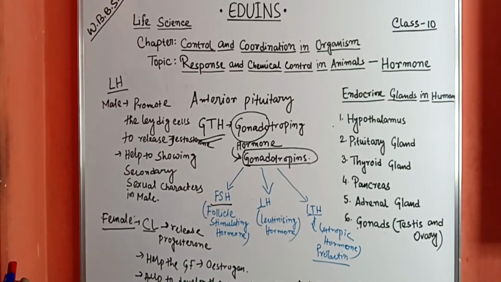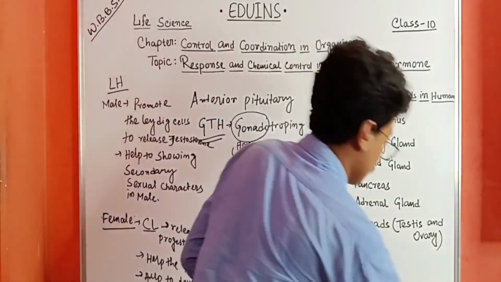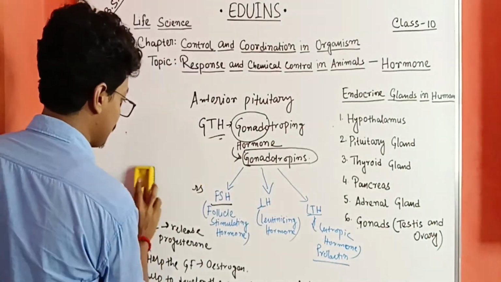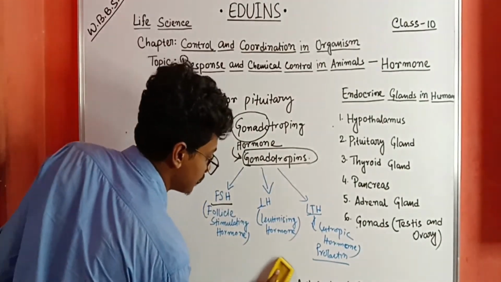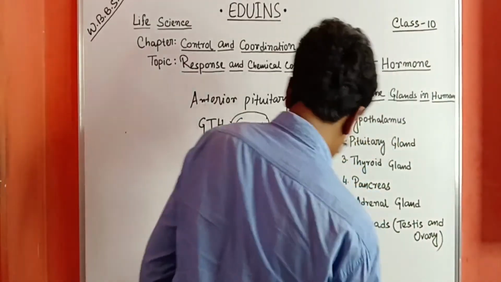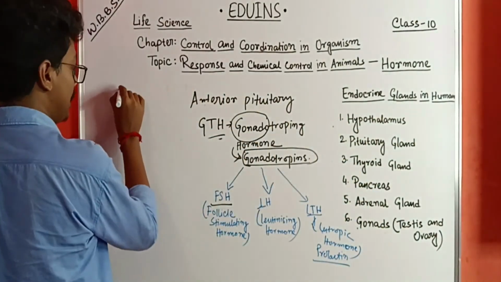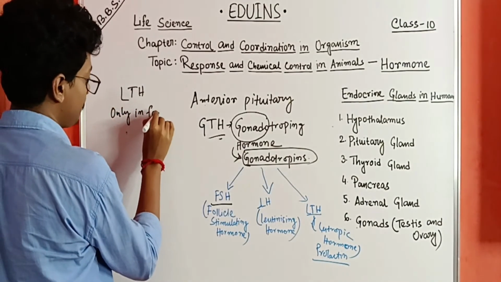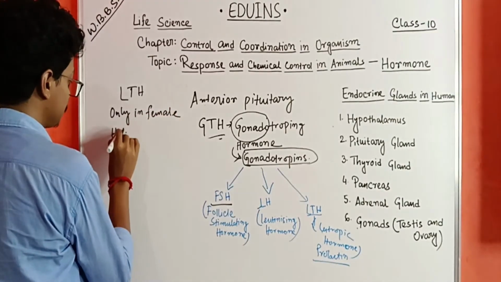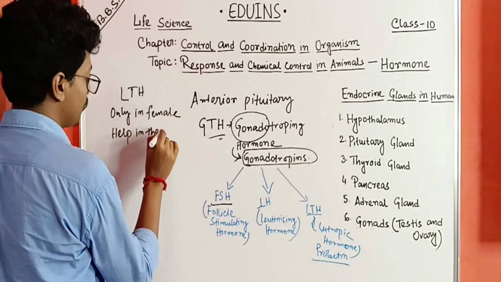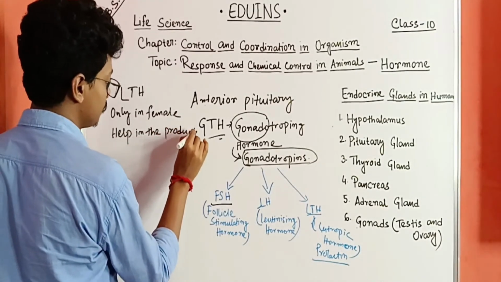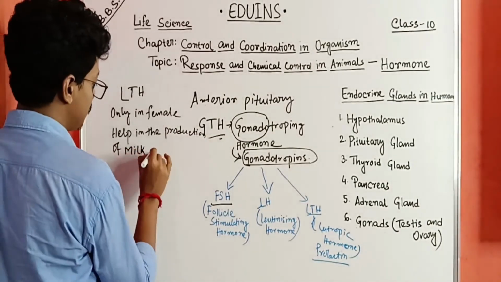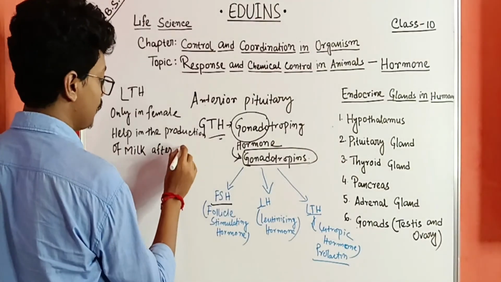Okay, next one is the LTH, which is mainly produced in females. LTH is only in females and helps in the production of milk after parturition or baby birth.